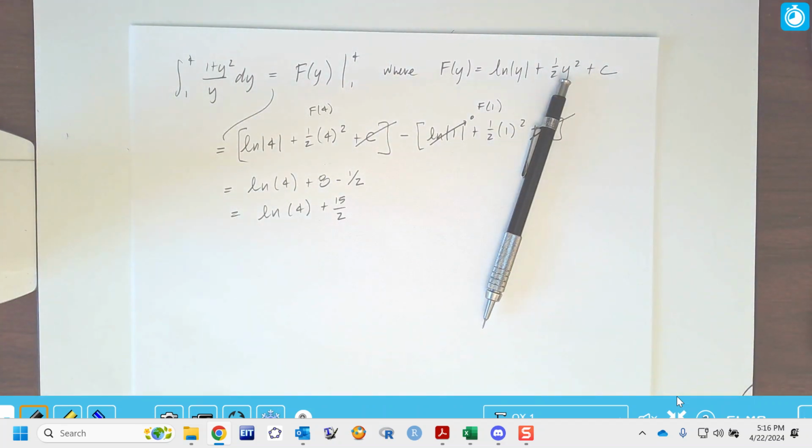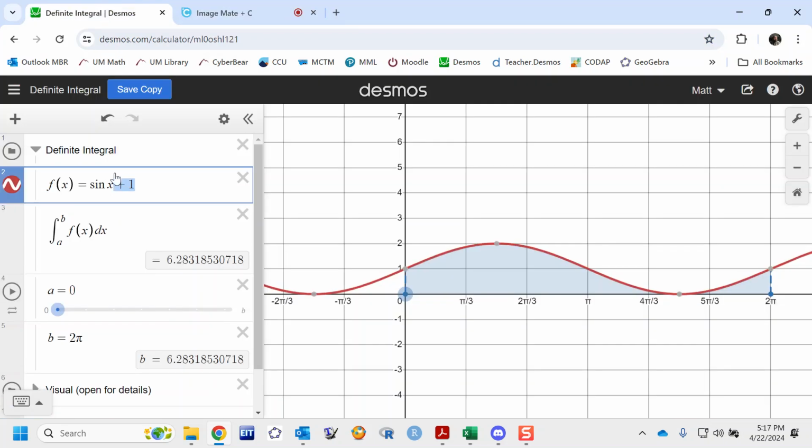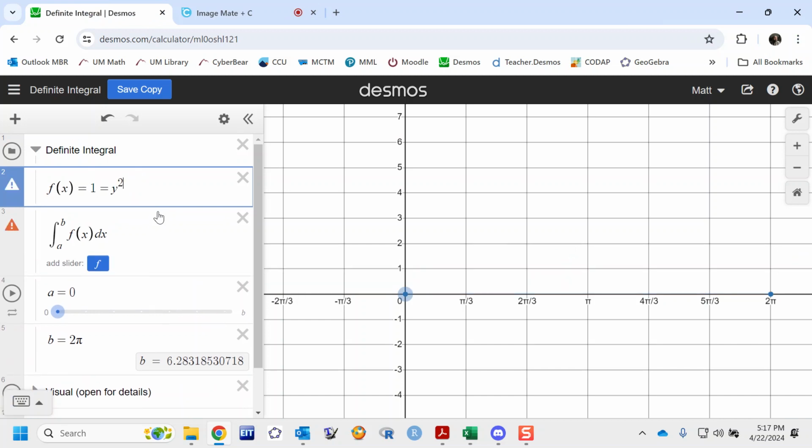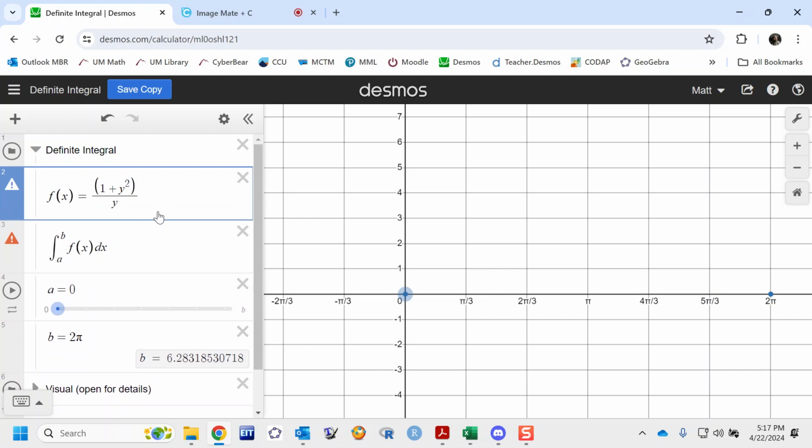Let's go ahead and see if Desmos checks it out. So we're trying to find the integral of the function 1 plus y squared. Probably have to put parentheses around it just to make the whole thing be on the numerator. 1 plus y squared divided by y.